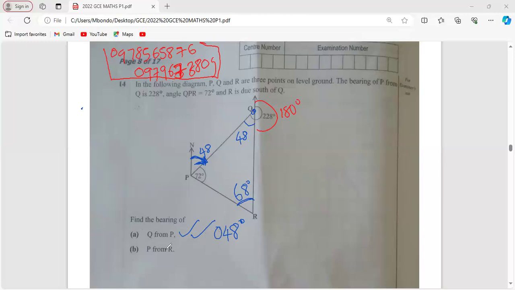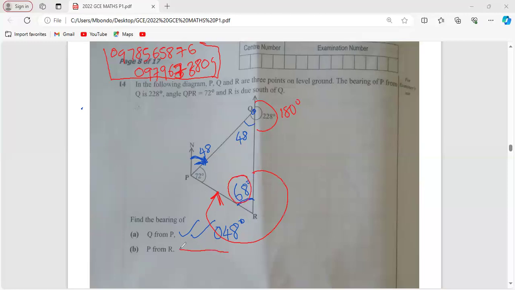What about the last one, which is to find the bearing of P from R? The bearing of P from R, ladies and gentlemen, is going to be this one here. How we are going to do this one, you know that a complete turn is 360. So from the complete turn, we have 68.